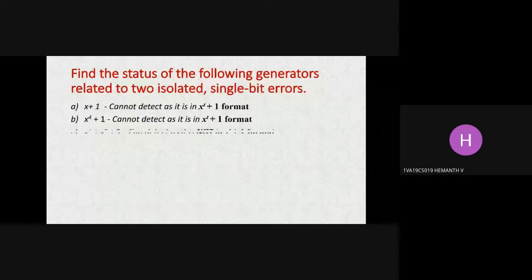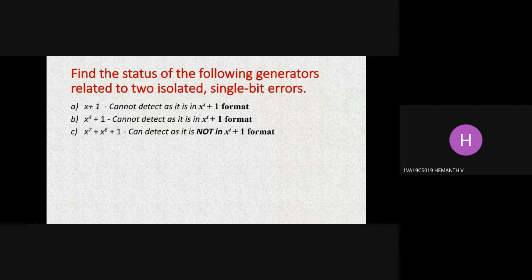Third one. The third given polynomial generator is x power of 7 plus x power of 6 plus 1. Now you can see this is not in the form of x power of t plus 1, right? So this divisor or the generator can detect two isolated single bit errors. It is easy to remember, right?